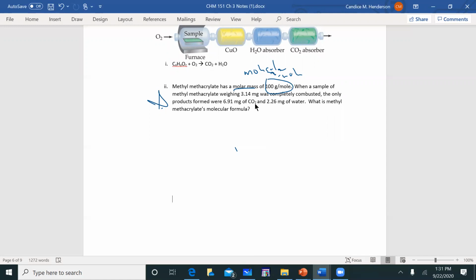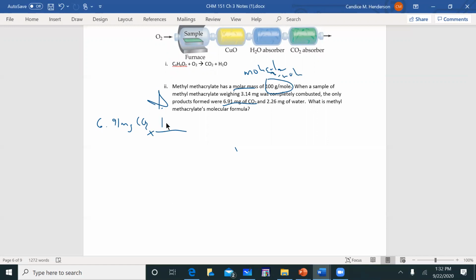So the first thing I need to do is take my CO2 value and try to get it into grams of CO2. This gives me the value as 6.91 milligrams of CO2. Right off the bat, I don't like milligrams. I want to get that into grams because molar mass is always a relationship of grams and moles.